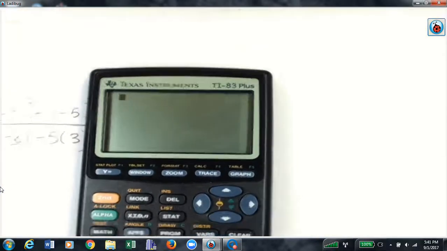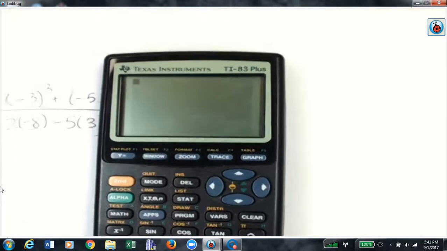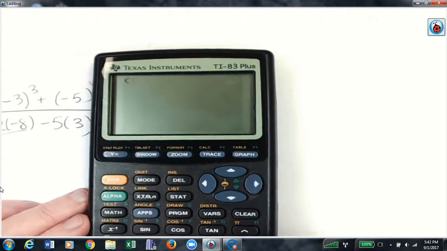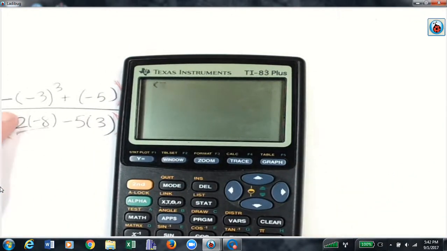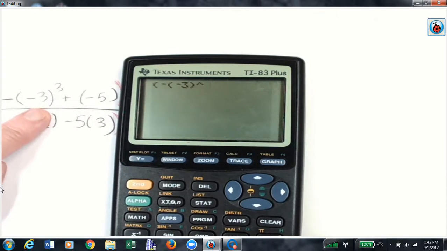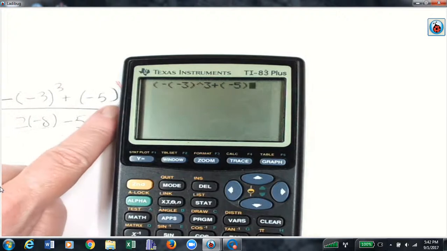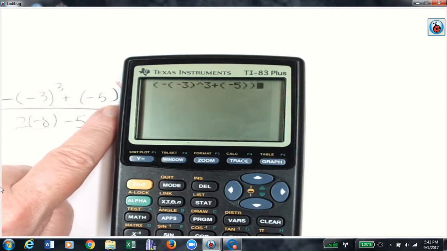I have to put the complete numerator in parentheses. So let me just move this camera for a second. So in parentheses, the red parentheses, which I can't do in two different colors: negative symbol, parenthesis, negative 3, close parenthesis, up to the power of 3, plus parenthesis, negative 5, close parenthesis, then the big red parenthesis for the numerator.